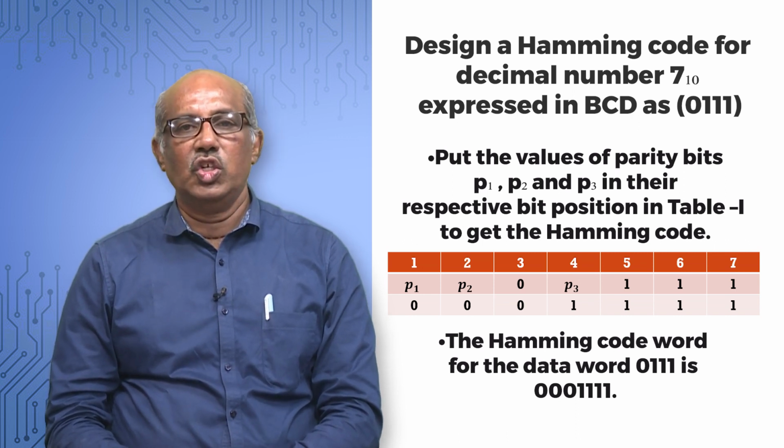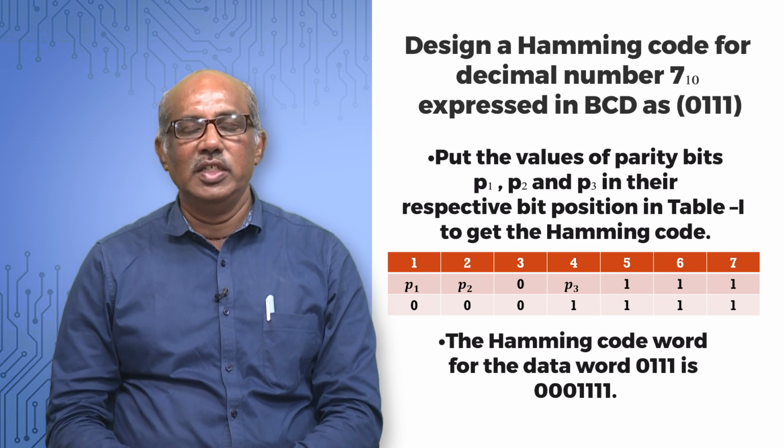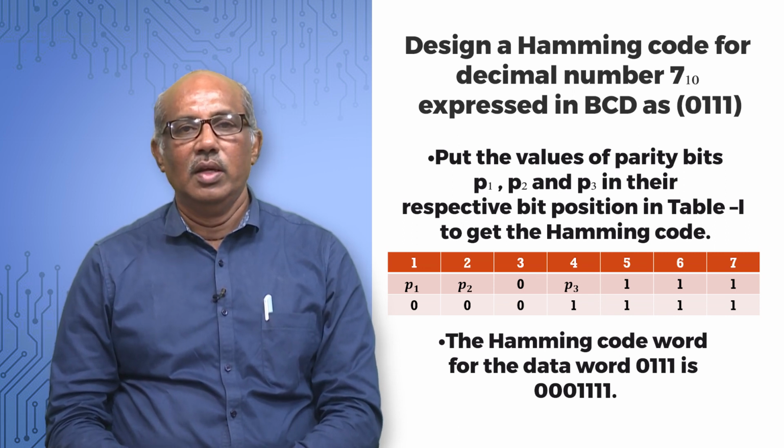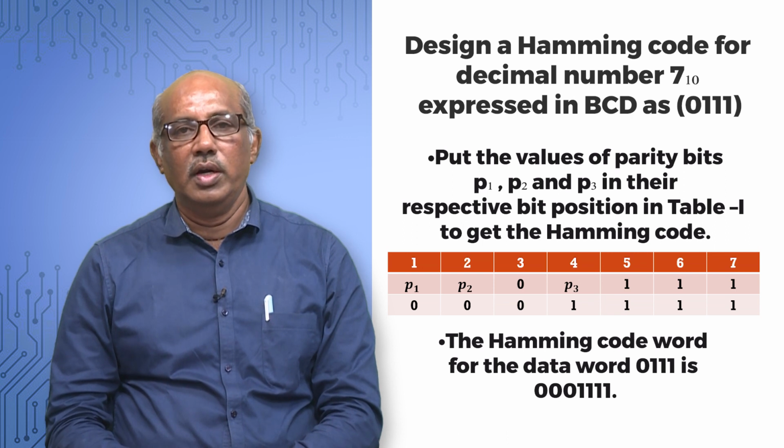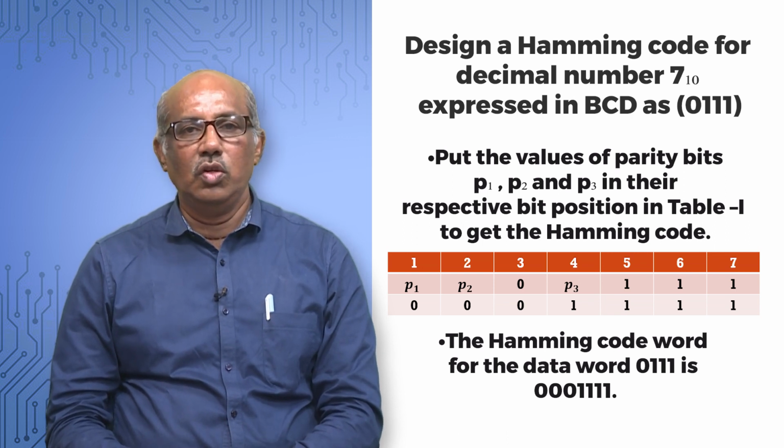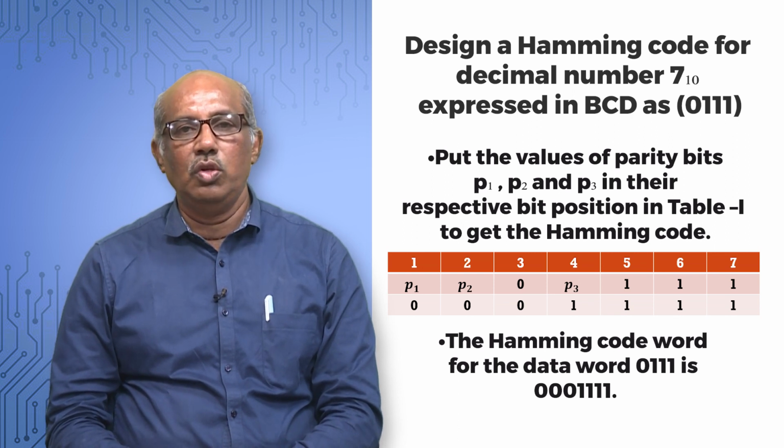For error correction, the check bits are C1, C2 and C3. C1 is equal to 1 exclusive OR 3 exclusive OR 5 exclusive OR 7, which is equal to P1 exclusive OR D1 exclusive OR D2 exclusive OR D4. Similarly, C2 is 2 exclusive OR 3 exclusive OR 6 exclusive OR 7, that is P2 exclusive OR D1 exclusive OR D3 exclusive OR D4.